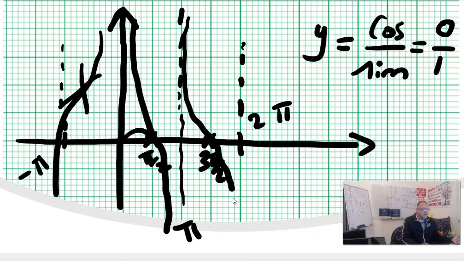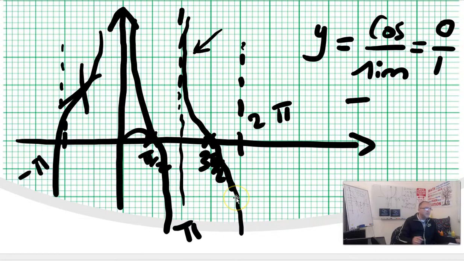In quadrant 2, it's underneath the x-axis, because the cosine is negative and the sine is positive, so it's negative. In quadrant 3, they're both negative. Negative divided by negative is positive. In quadrant 4, the cosine is positive and the sine is negative, and that's why it goes underneath the x-axis. Something very, very simple.